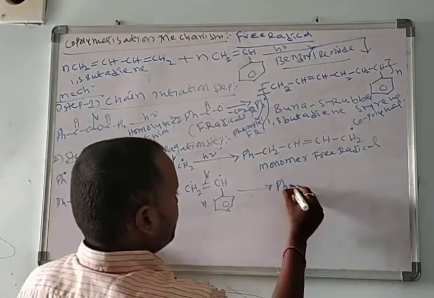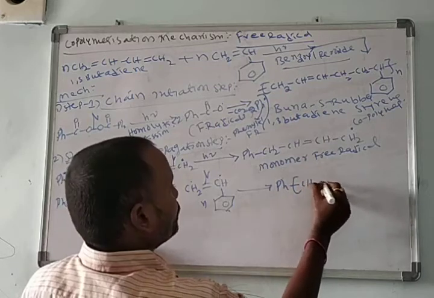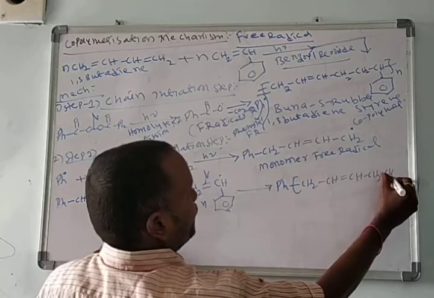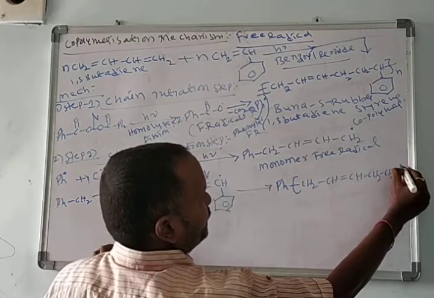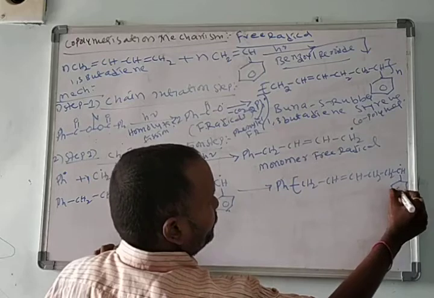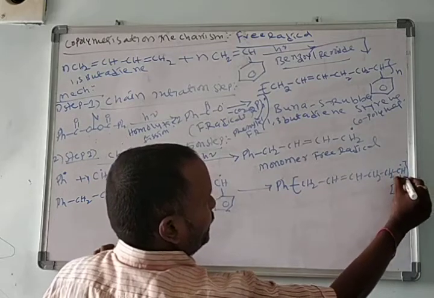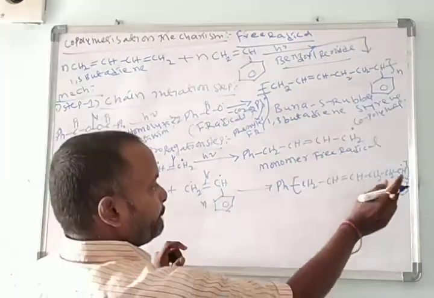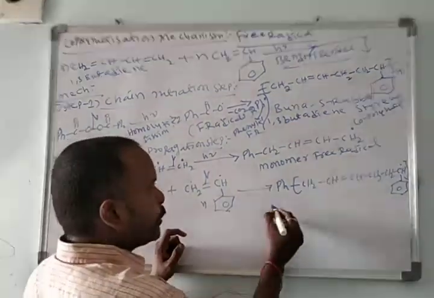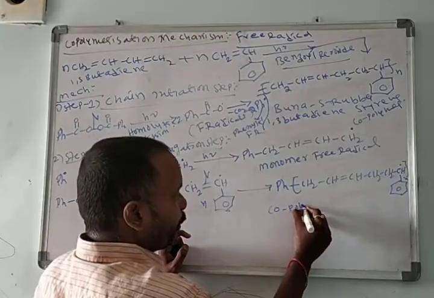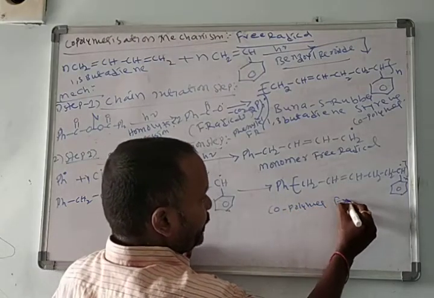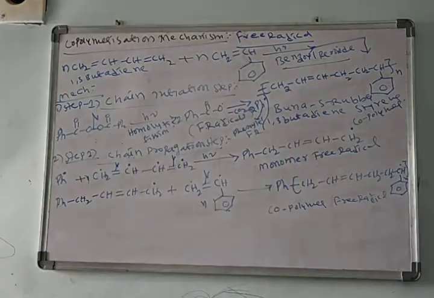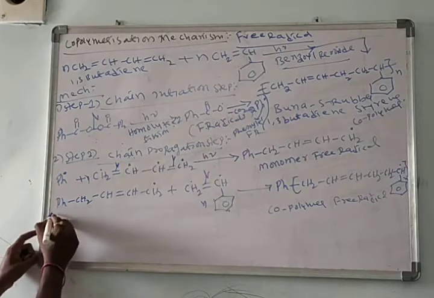Ph, CH2, CH double bond CH, CH2, and CH2, CH dot, with a phenyl group, and here n number of units. Here we get the free radical. This is also the copolymer free radical. This copolymer free radical is involved in chain termination.